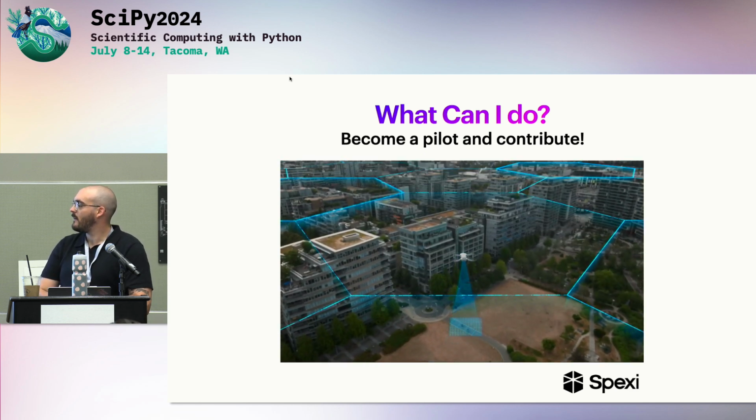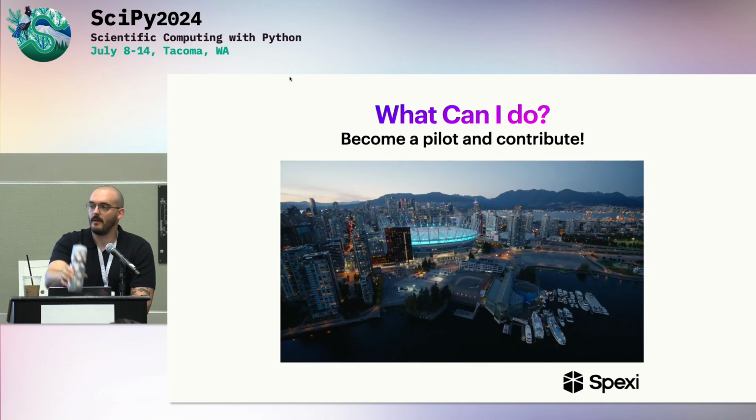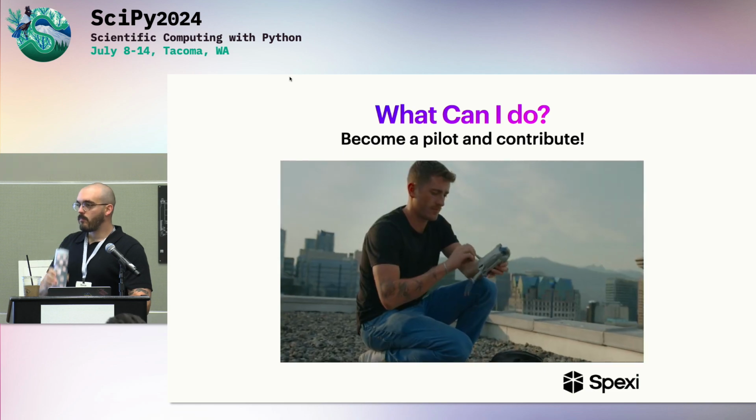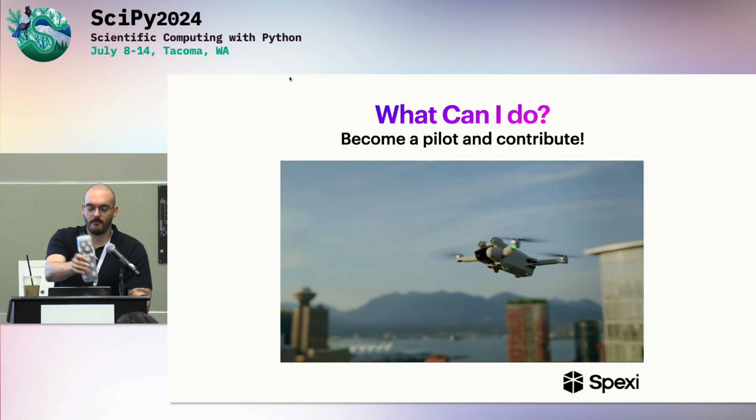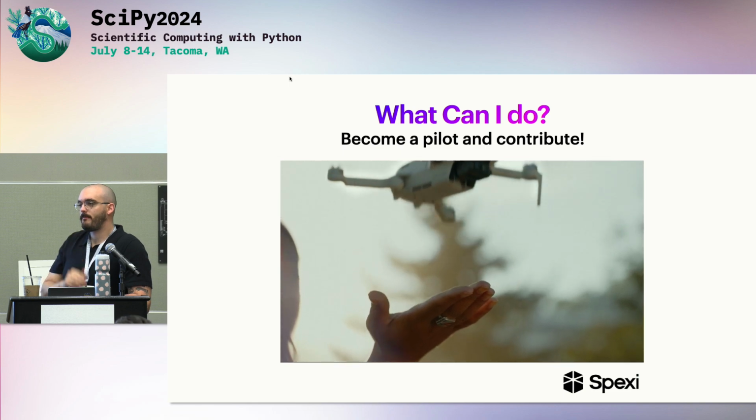Hey, just curious, what types of things are people doing with this drone imagery not related to trees, and what vision do you guys have for what it could be used for?